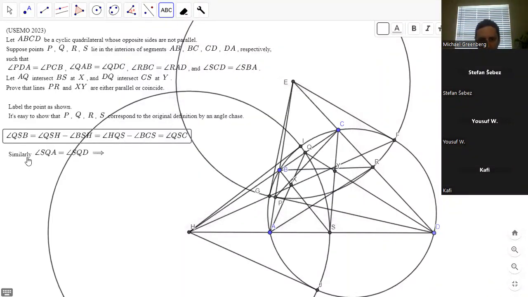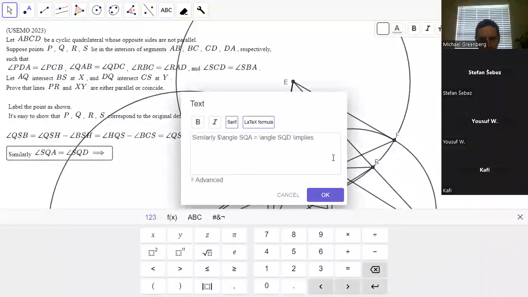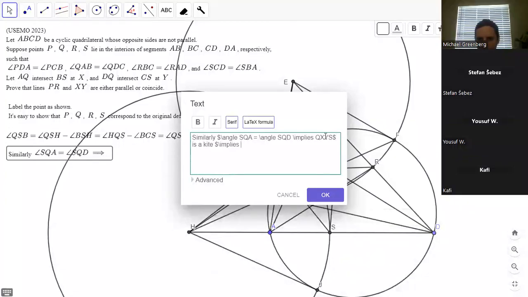That means that QXSY is a kite. So XY is perpendicular to QS.